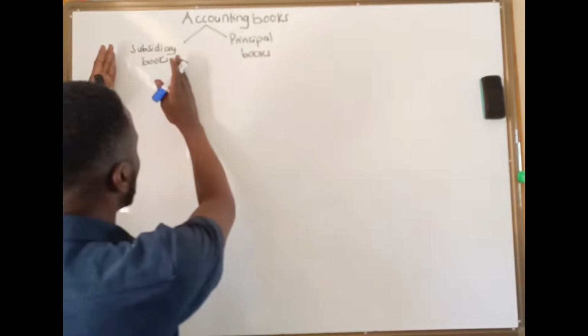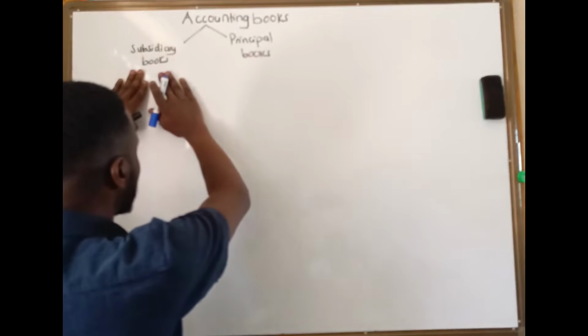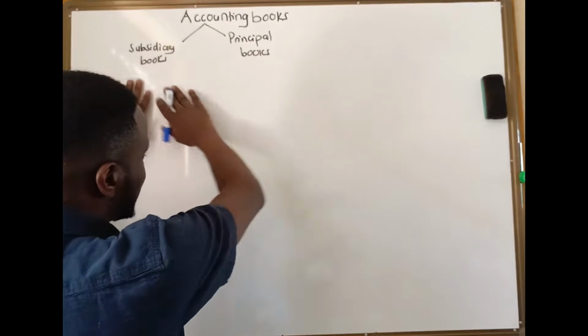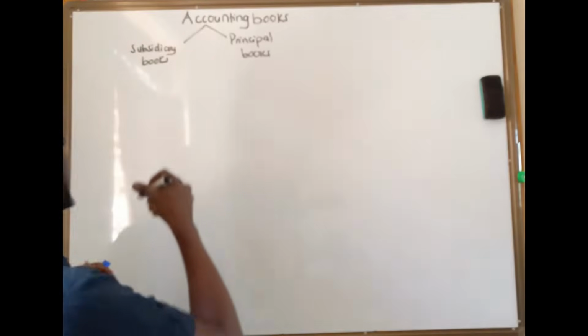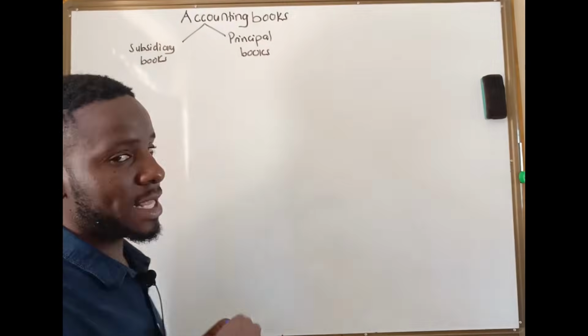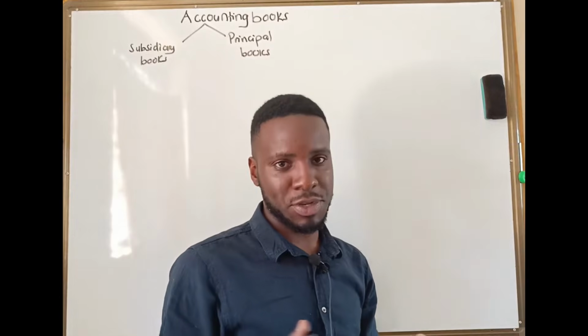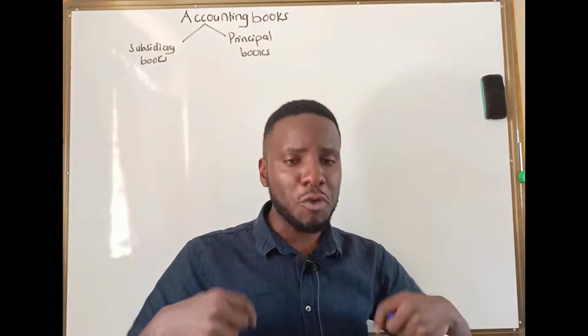Here we are only recording without a double entry system. For the principal books, we shall follow the double entry system. Sometimes the subsidiary books are called books of prime entry or books of original entry.